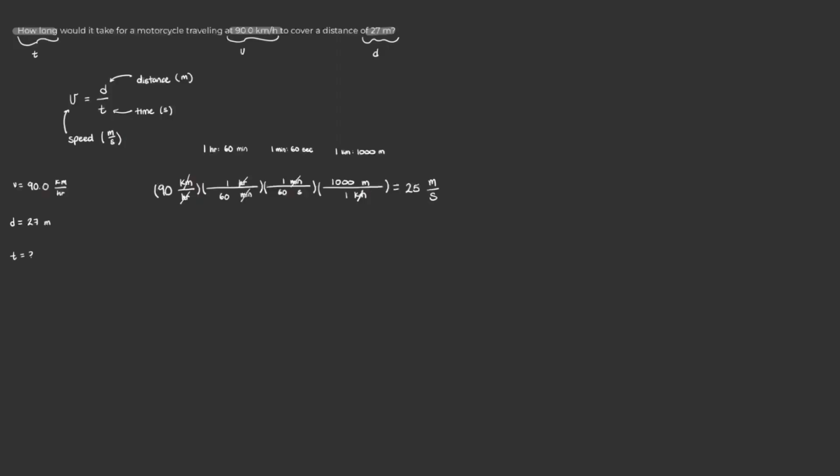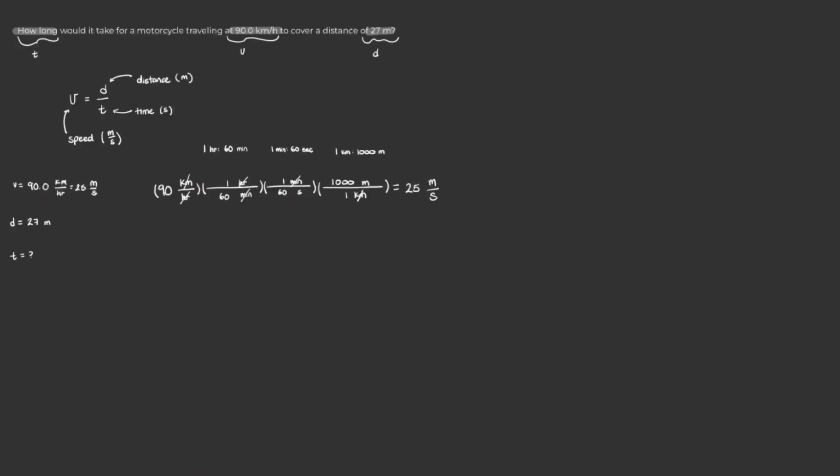Okay. If you do it this way, it is more or less guaranteed that you're not going to have a mistake if all of your conversions are right. So 25 meters per second.